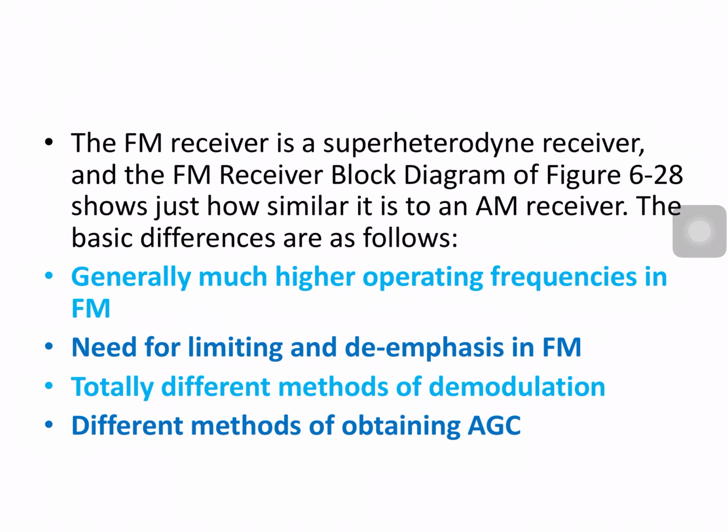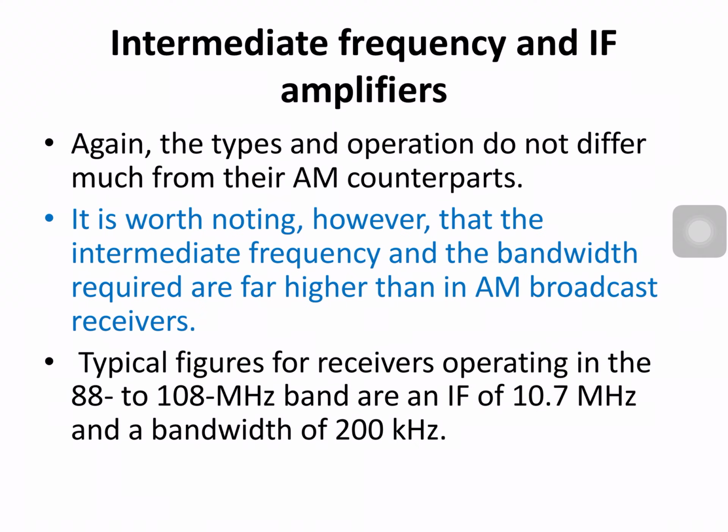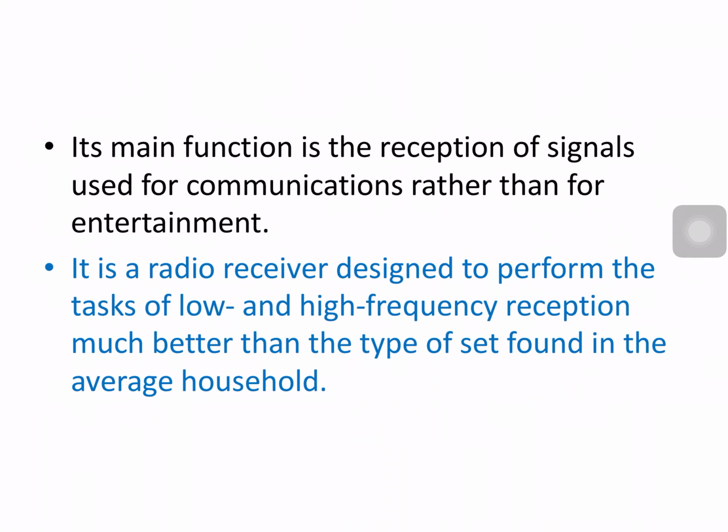Okay, so now let's move to the next topic, which is the communication receiver, in which a double conversion principle is used. Its main function is the reception of signals used for communications rather than for entertainment.